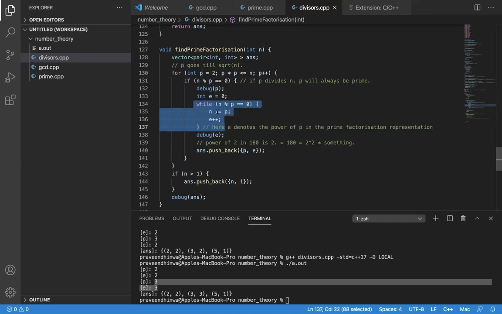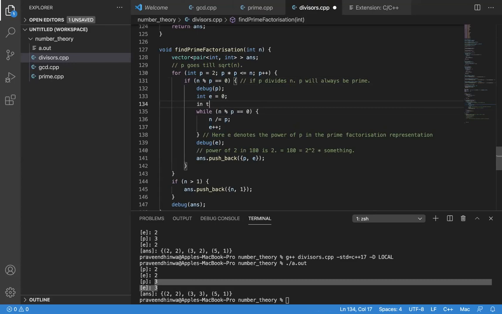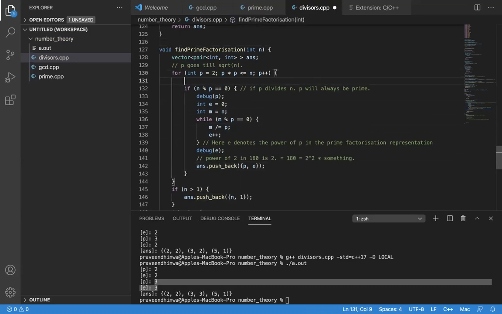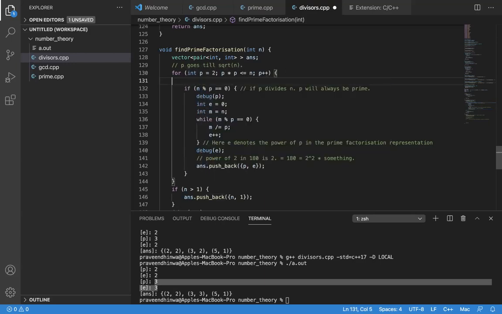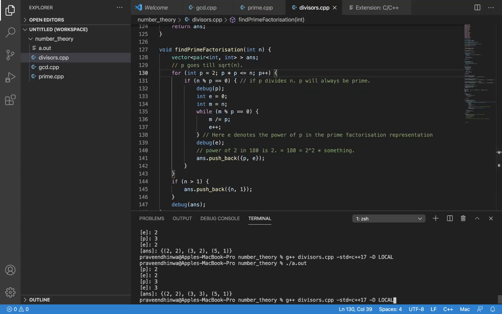Instead of doing n by p, let's say I take another variable, m is equal to n, and I do m percent equal to p, m divided. So this way I can also find occurrences of p. This is fine. Then if I check whether p is prime, let's print p.